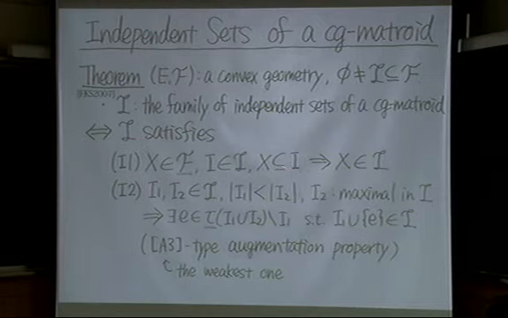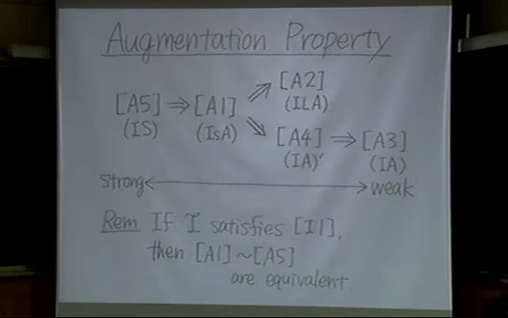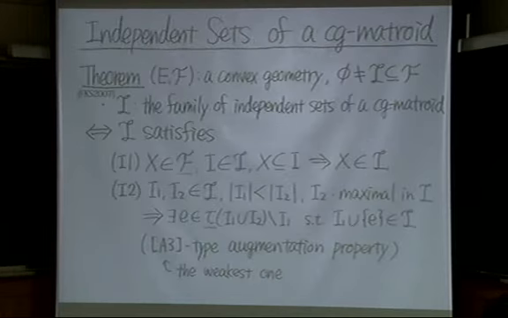The second one is the augmentation property, this A3 type augmentation property. A3 type is the weakest one. We can characterize this type using this type of augmentation property.